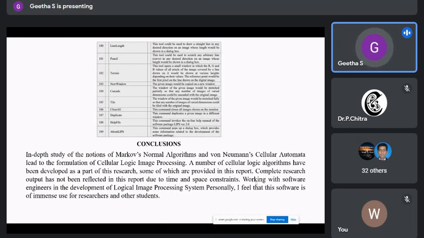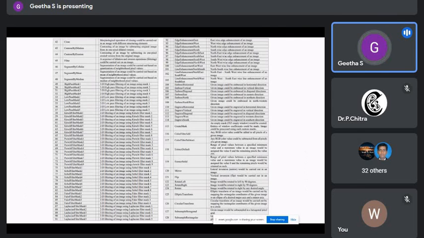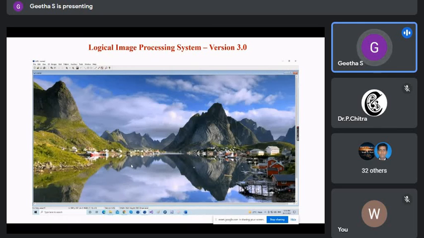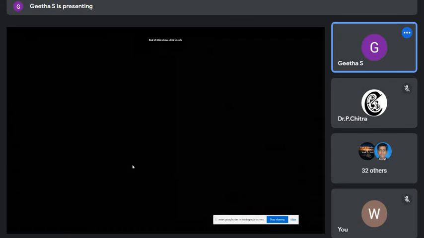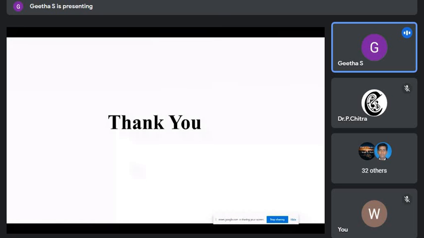Working with the software engineers in the development of the logical image processing system, personally I feel that this software is immense and useful for researchers and students. It is most important and very powerful software. If there is any doubt, ask.